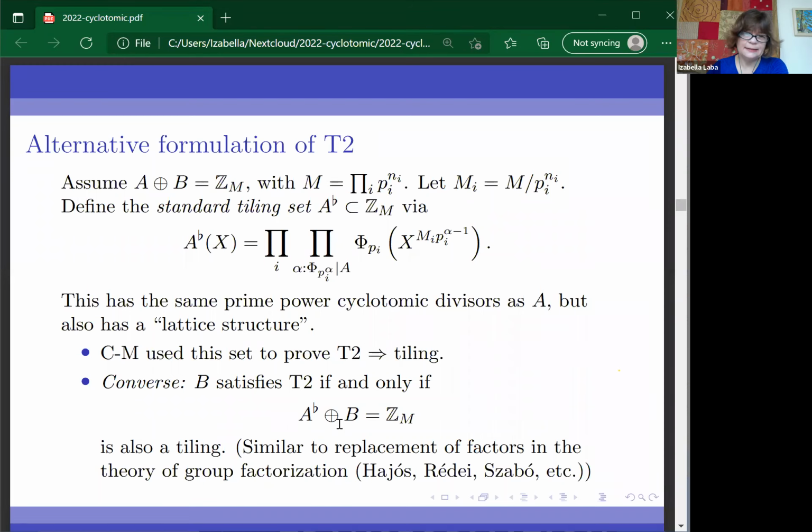And that's a little bit similar to the theory of replacement of factors in the factorization of groups. And there's a whole different research area with many papers and books and things like that just about this. So that's a whole other topic that I don't want to really start. Anyway, the point is that this is kind of the geometric meaning of T2.